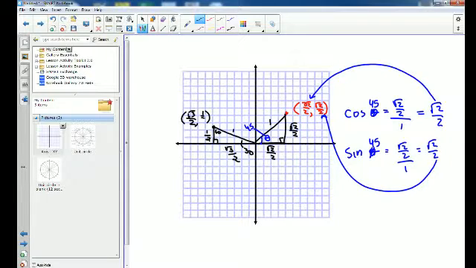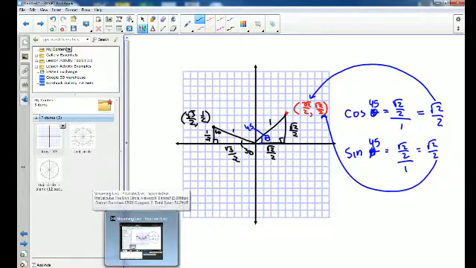Would it be a negative root 3 over 2? No, not here, because of where the circle is. We'll get there. What's the cosine of 30? Root 3 over 2. Sine of 30? 1/2. Yes, this will be a negative later. We'll get there. Okay, what about tangent?